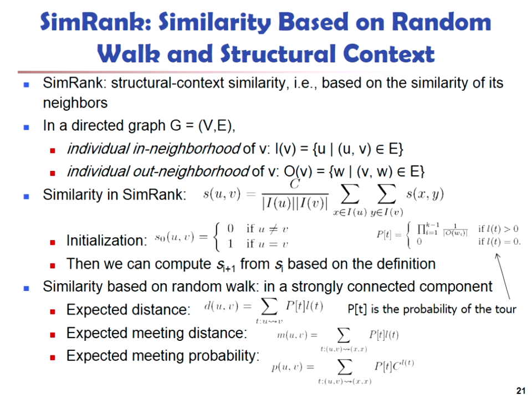In a directed graph we can find the individual in-neighborhood and individual out-neighborhood. The individual in-neighborhood will be represented by I of v, u if (u, v) belongs to E, and for out, O of v, w if (v, w) belongs to E. Here the order is very important for in and for out.